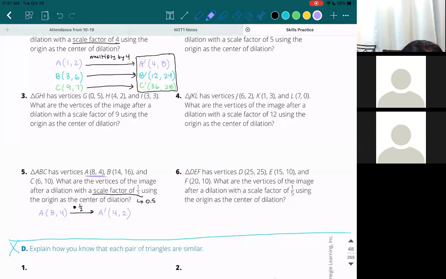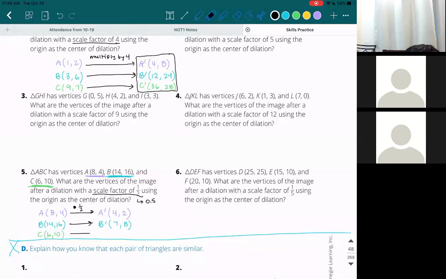Good. And then let's do our B, 14, 16. And then we're going to multiply by 1/2. And then we get B prime, which is, what's 14 times 1/2? 7. 16 times 1/2. 8. Good.